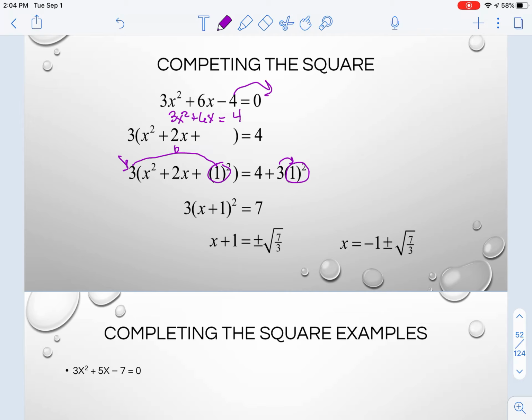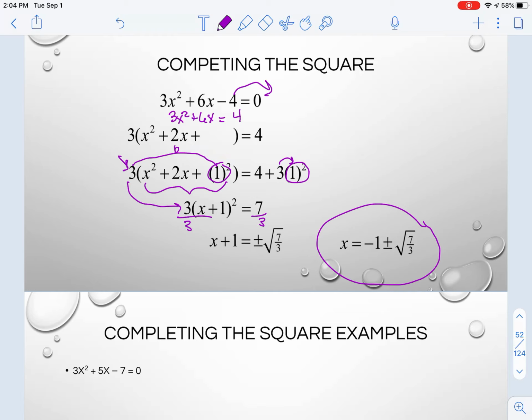This right here forms your perfect square, x plus 1 quantity squared, a value comes down, 4 plus 3 is 7, and then we divide by 3 to get 7/3, square root, so we get plus or minus the square root, and then we subtract 1 to obtain this answer.